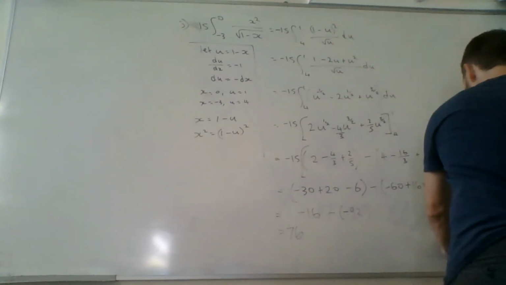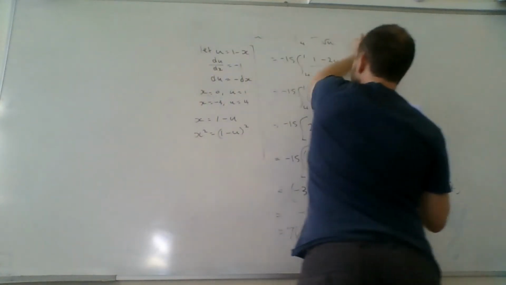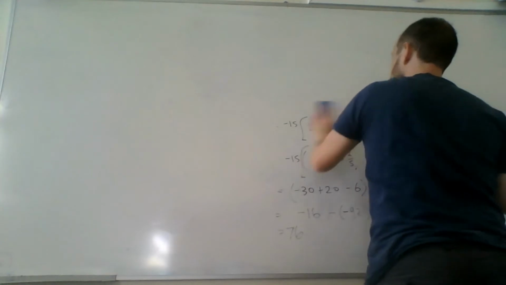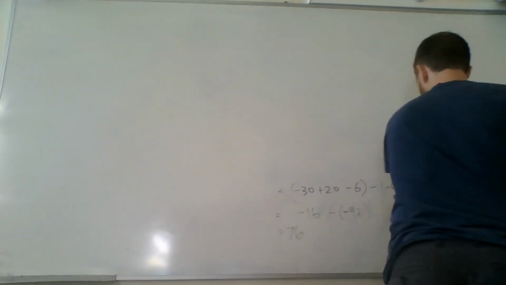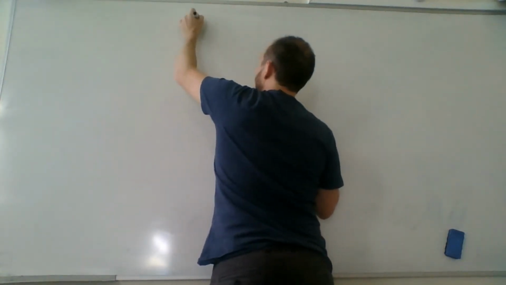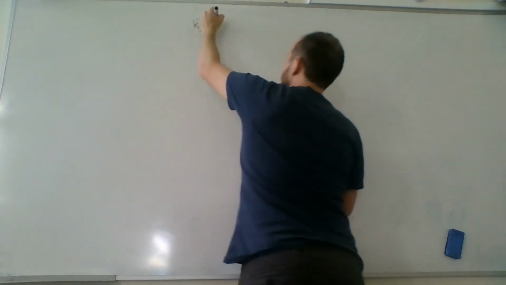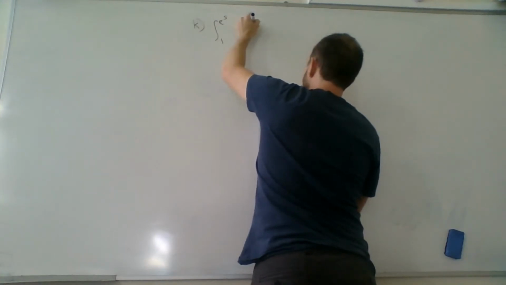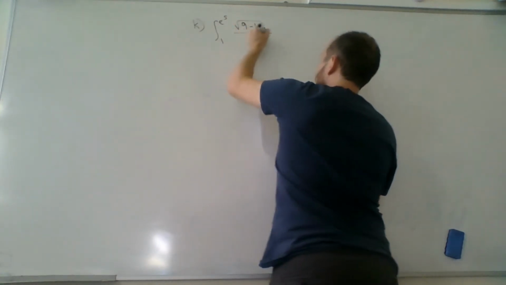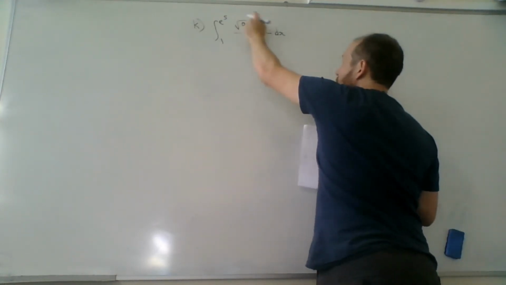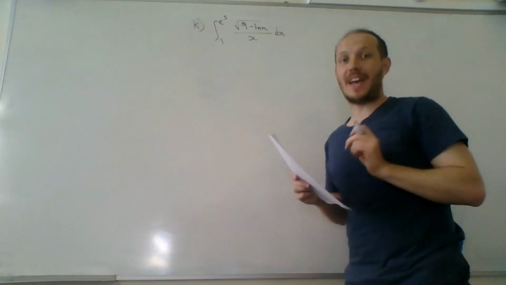Alright, last one for question number 1. Okay, so part K. So we've got the integral from 1 to e to the 5 of the square root of 9 minus ln x on x. Now remember, this is again the same as the top line multiplied by 1 over x.